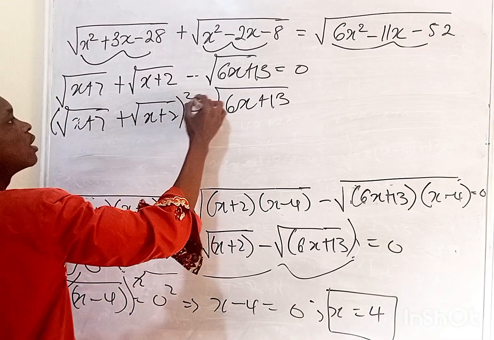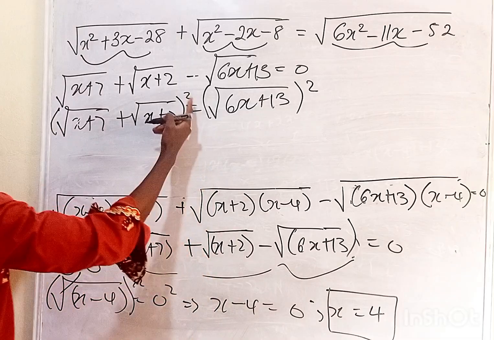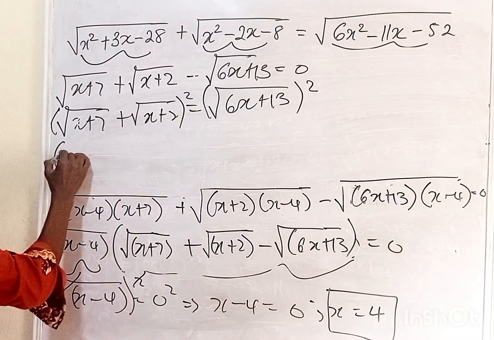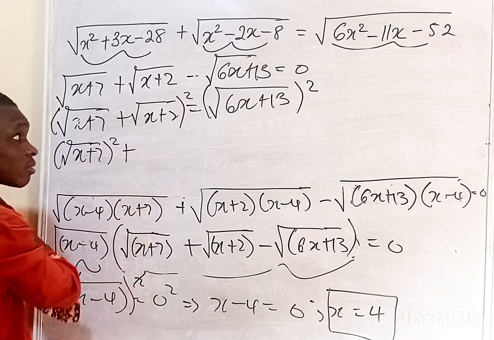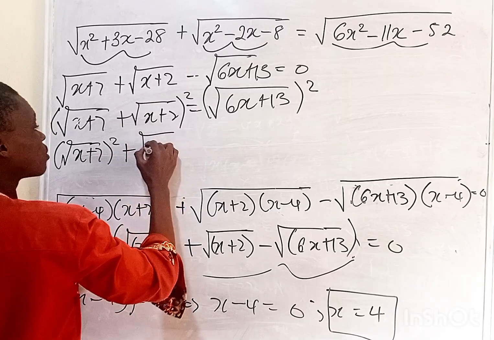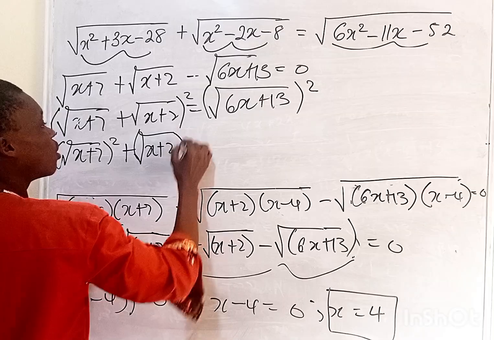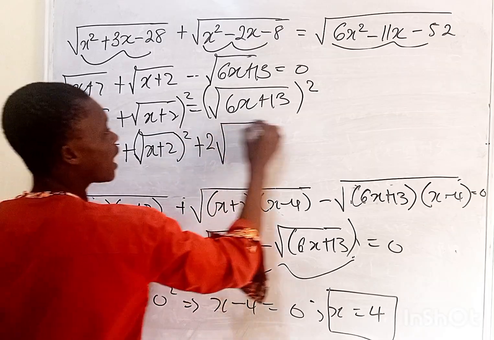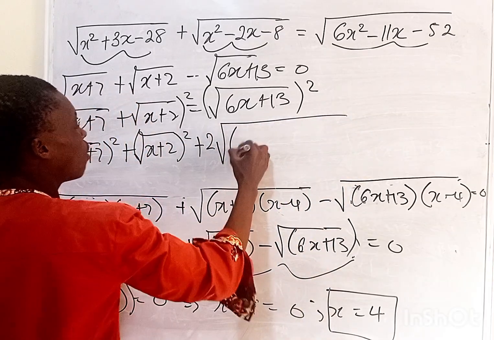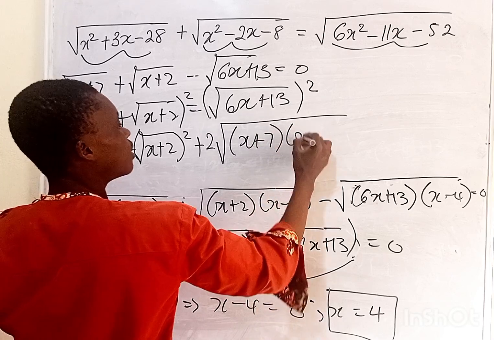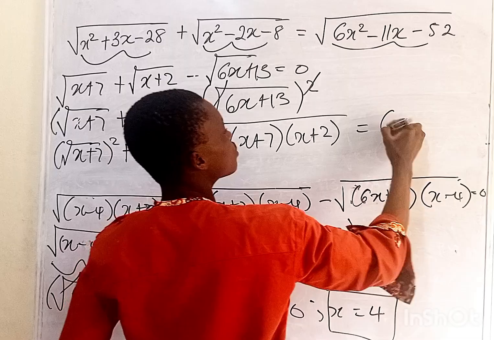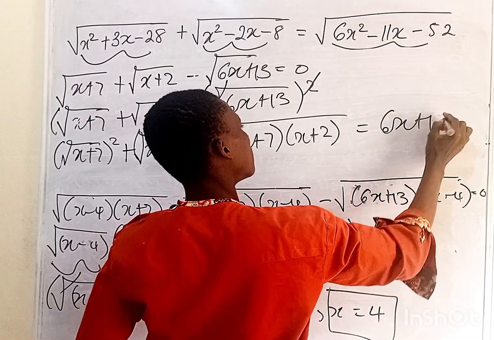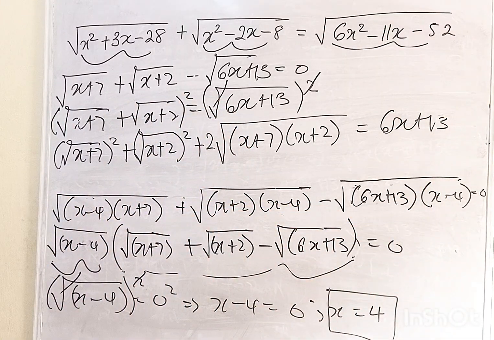The left side becomes (√(x + 7))² plus (√(x + 2))² plus 2 multiplied by √(x + 7)·√(x + 2), and this equals, since the square cancels out the square root, 6x + 13.